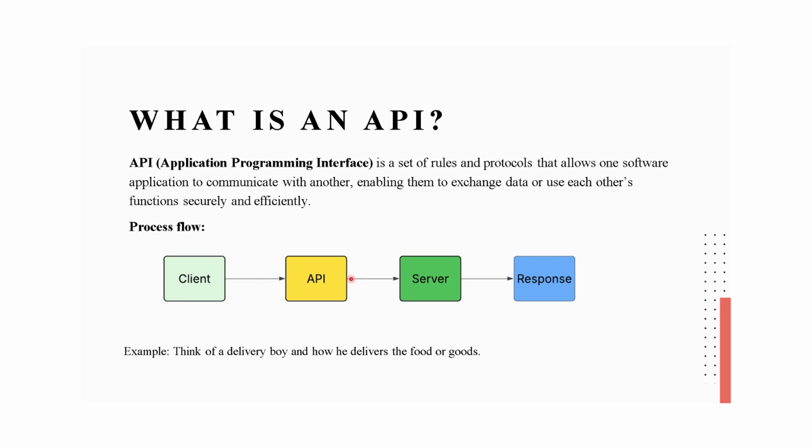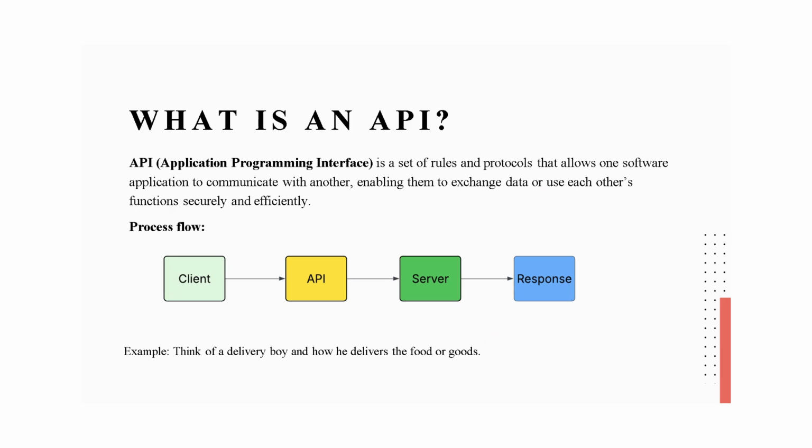The API acts as the messenger that takes the request, delivers it to the server, and then brings back the response. The server processes the request, like fetching data, running code, and storing files, and sends the result back through the API. So, API is the middleman, a bridge or a messenger between the user and the server.